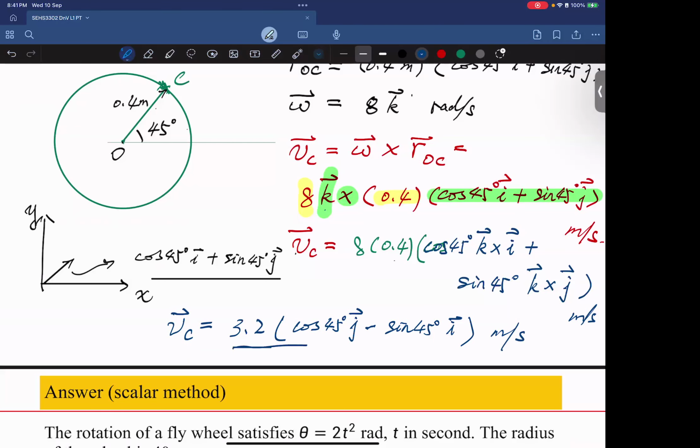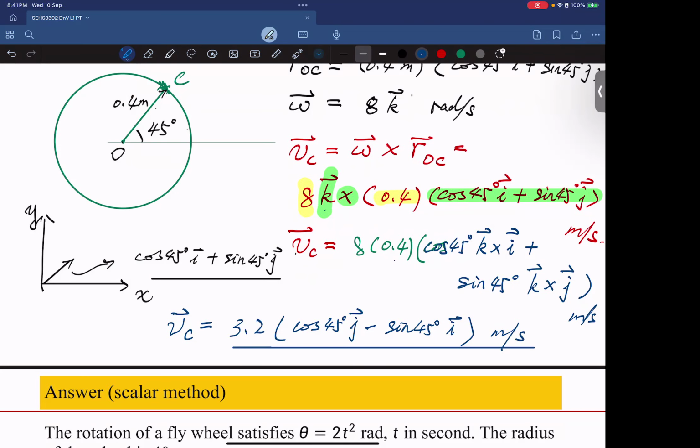And this is the final result. So there's no need to analyze the direction of velocity beforehand. If we have computer programming, we can just put these numbers and vectors into the program and calculate and get this result.